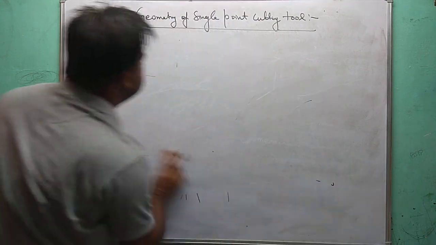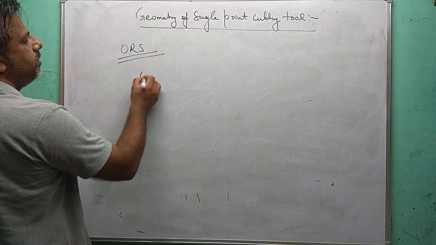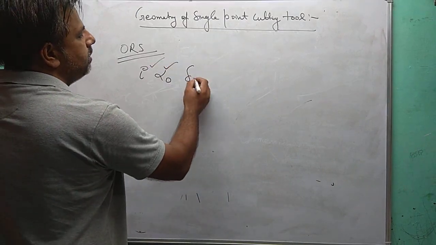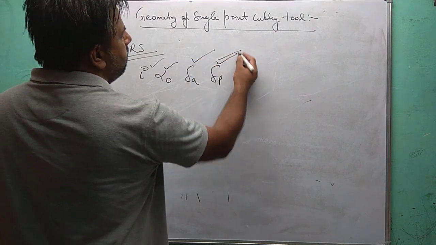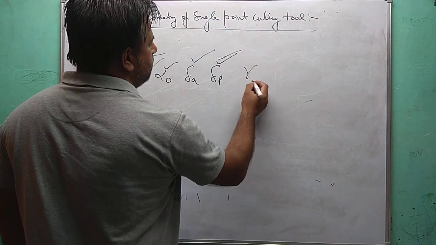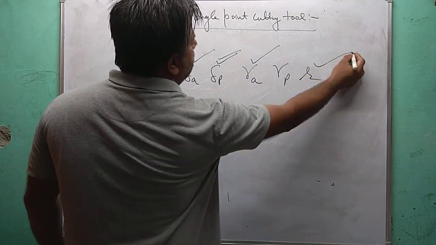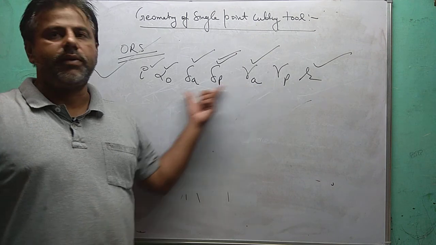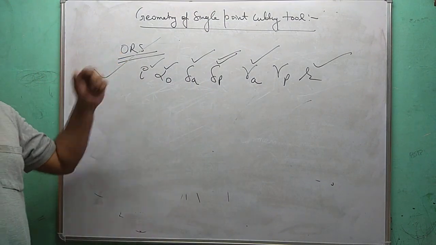In ORS, you write inclination angle and orthogonal rake angle, auxiliary clearance angle or flank angle, principal flank or clearance angle, and auxiliary cutting edge angle, principal cutting edge angle, then nose radius. So this is the order of angles including nose radius with respect to the orthogonal rake system.